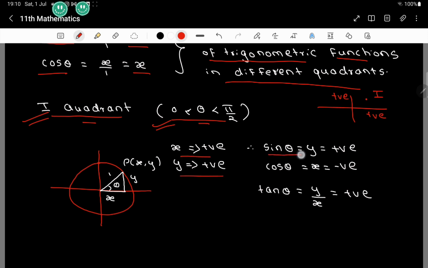Therefore, sine theta, which is equal to y in a circle of unit radius, is positive, and cos theta, which is equal to x, is also positive. Sorry, I wrote negative, but yeah, it's positive. Now tan theta, which is equal to sine theta upon cos theta, will obviously be positive because sine theta and cos theta are both positive in first quadrant.